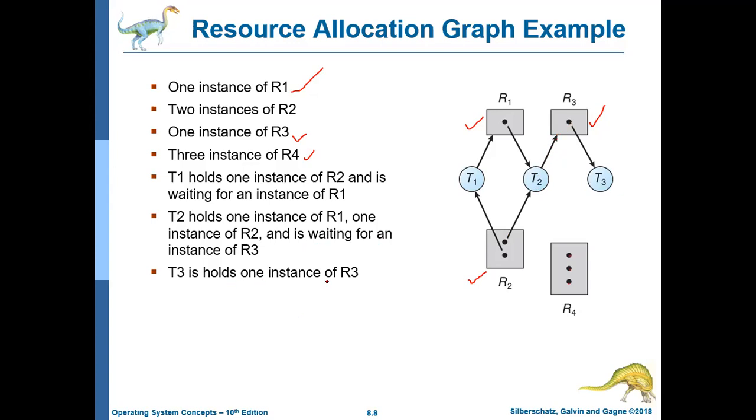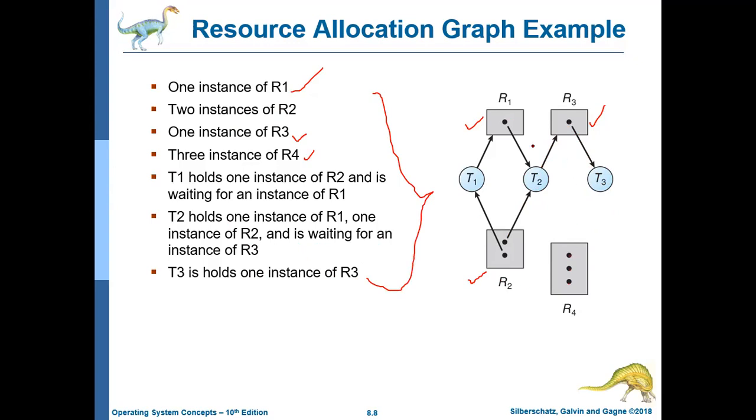T3 holds one instance of R3. R4 is not required by anyone, and this is the particular situation where we were given these conditions. Using these conditions, we have created this resource allocation graph.